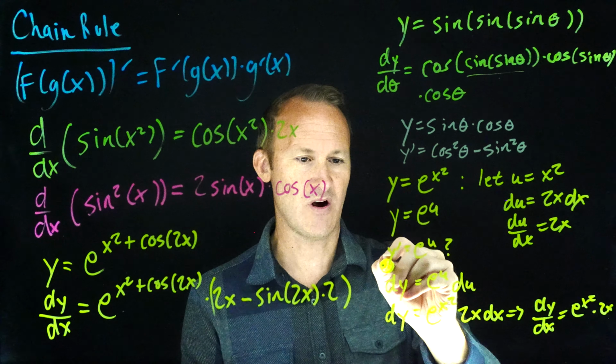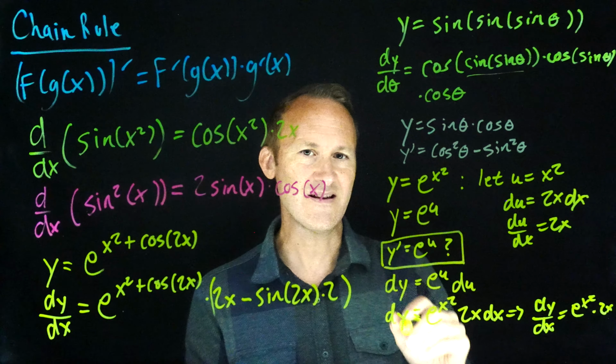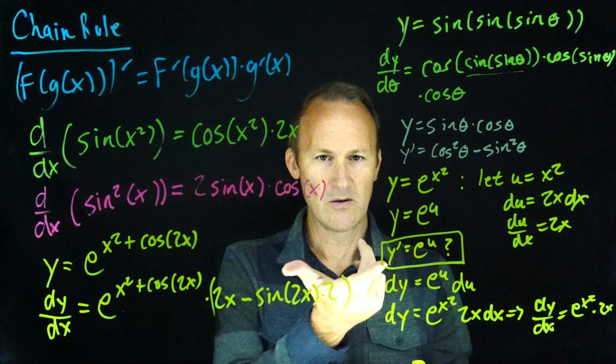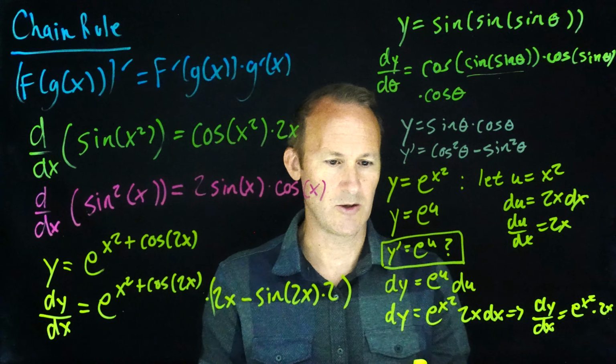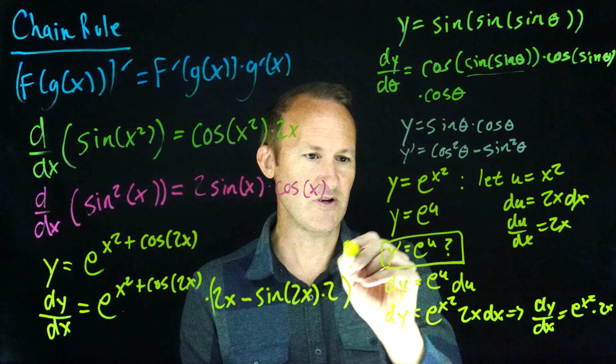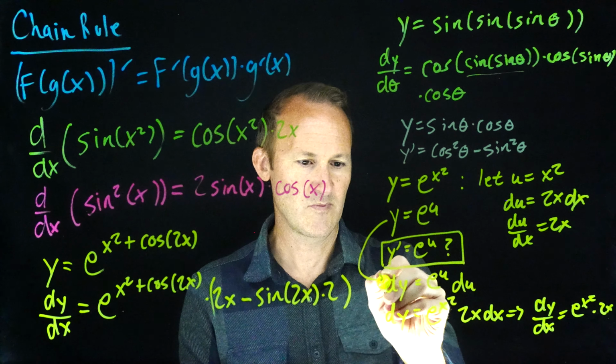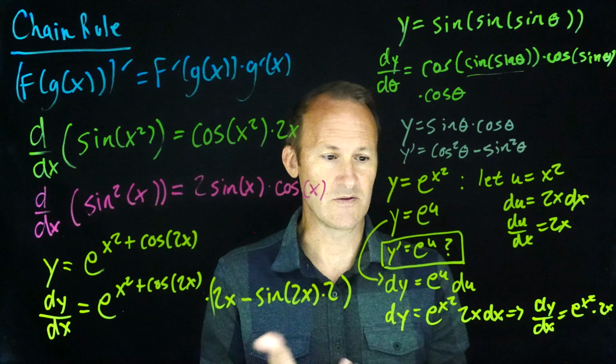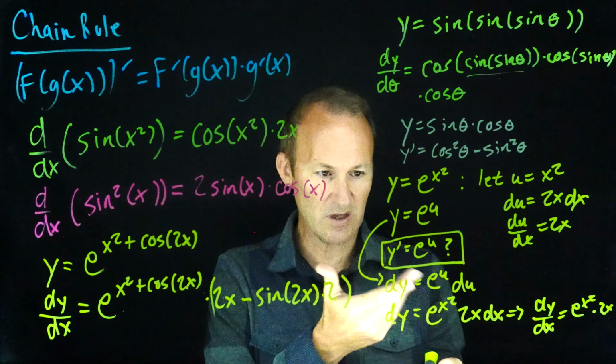So this y prime isn't as good a notation when you're using the chain rule. The d's are actually much more helpful, because going from here to here is absolutely true. It's just in terms of u: dy du is e to the u.